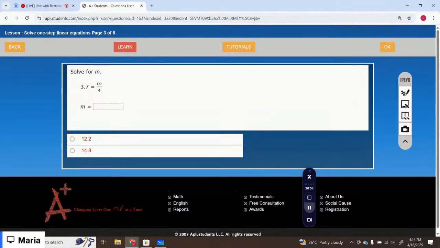Solve for M. So you have to undo the operations.